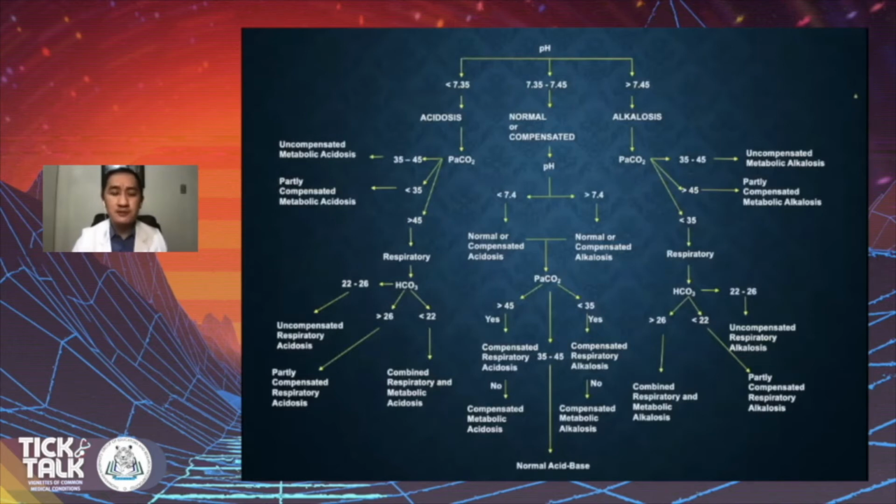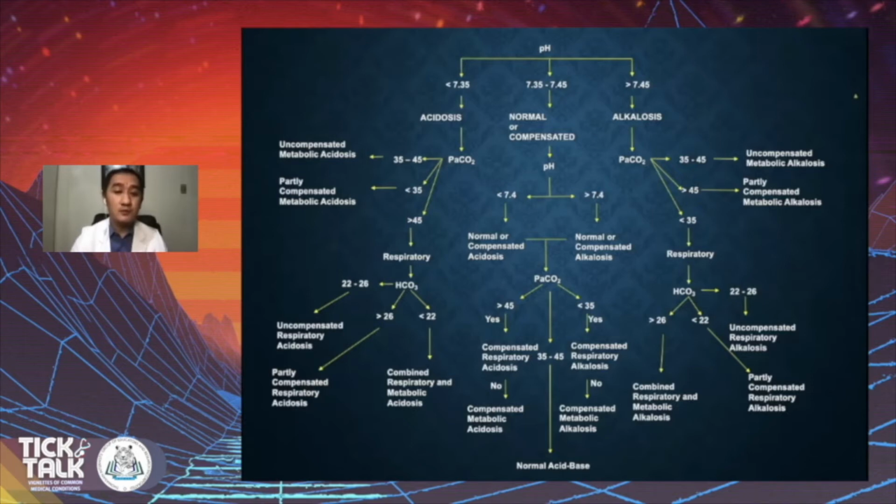Sorry for the busy slide, but this is the flow algorithm of ABG interpretation of disorders with their corresponding compensatory mechanisms. For example, if your pH is low, on the left side of the algorithm, below 7.35, it is acidosis. Check for the level of PaCO2. If it's within normal, you are considering uncompensated metabolic acidosis.